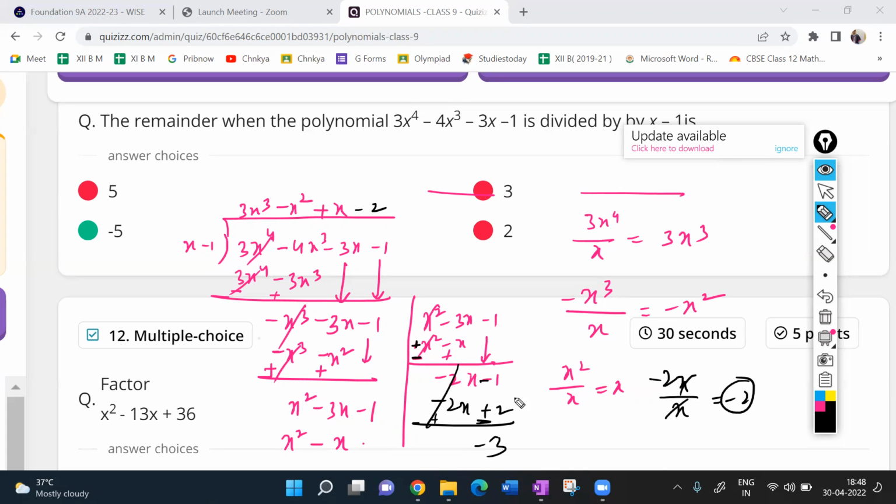Minus 2x minus 1, so minus 2, correct, minus 2x plus 2, correct. So minus 3 should be the answer, beta, but option minus 5 is given. This should be minus 3, I think. Yes, sir, that should be minus 3, no problem.